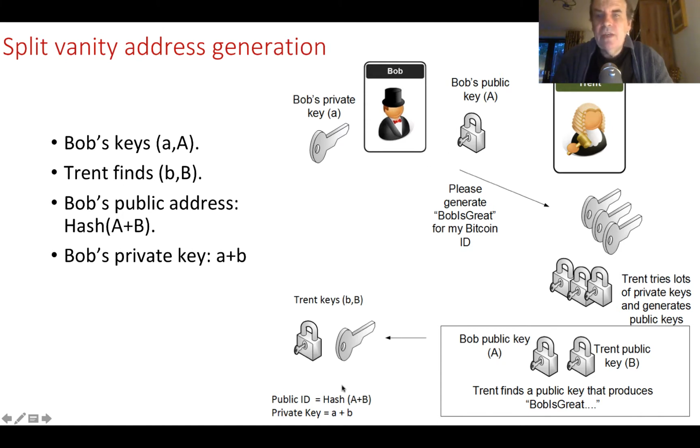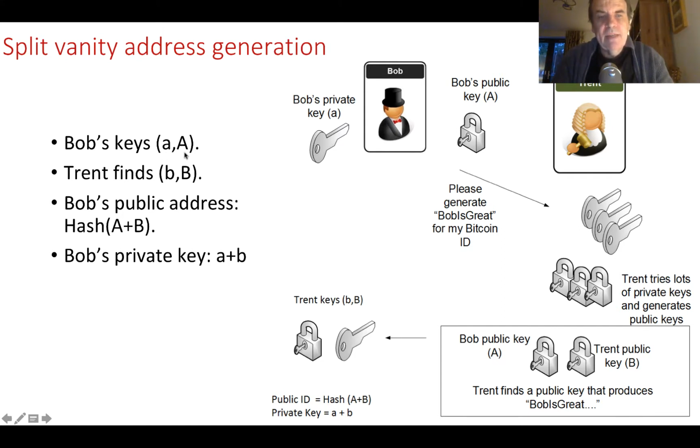Trent publishes Bob's public key as the hash of the two public keys added together. So in this way, we can allow Trent to generate the public key, and for Bob to keep the private key separate.